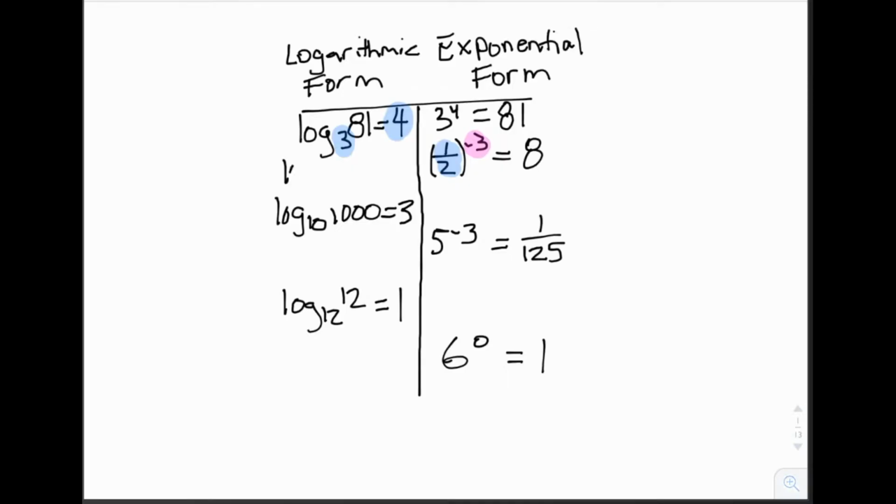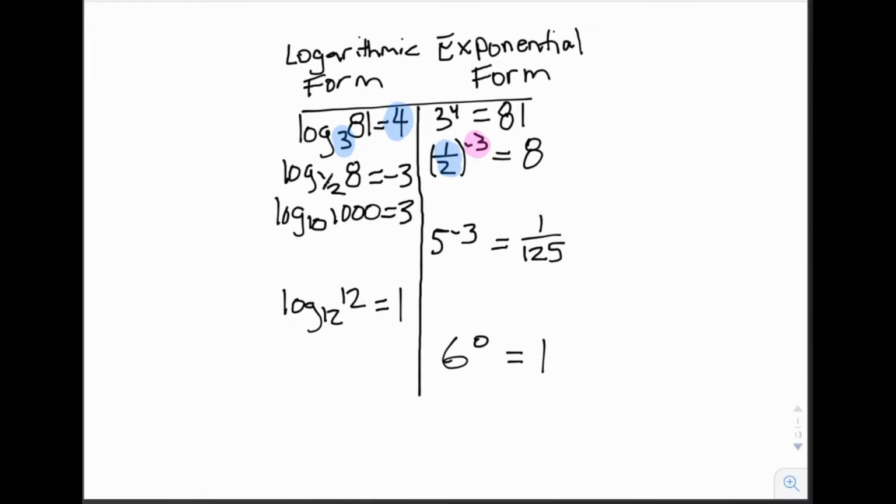We will have a log. We said our base was 1/2, and then in this case our exponent was a -3, so that is what we will set it equal to. And then we have the 8.